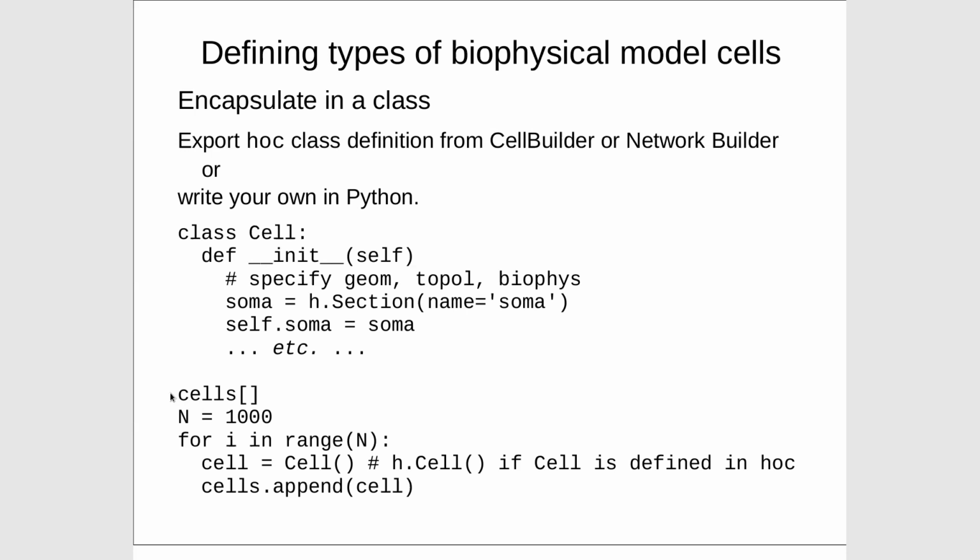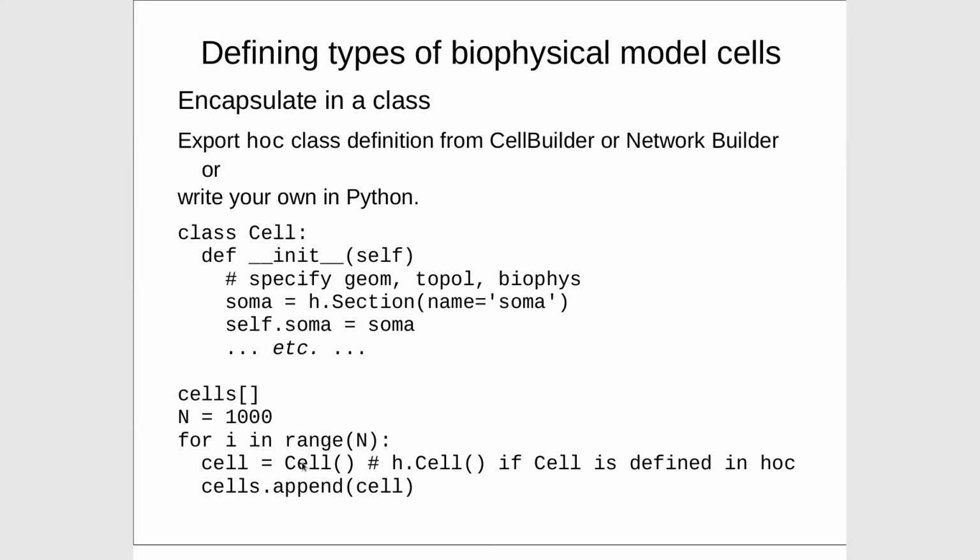We create a list that holds all of our cells, and we iterate to produce as many cells as we want. For each one that we create, we append it to a list. That's the list that holds all of our cells. If we had a different type of cell, we'd do a similar thing for that different type of cell.